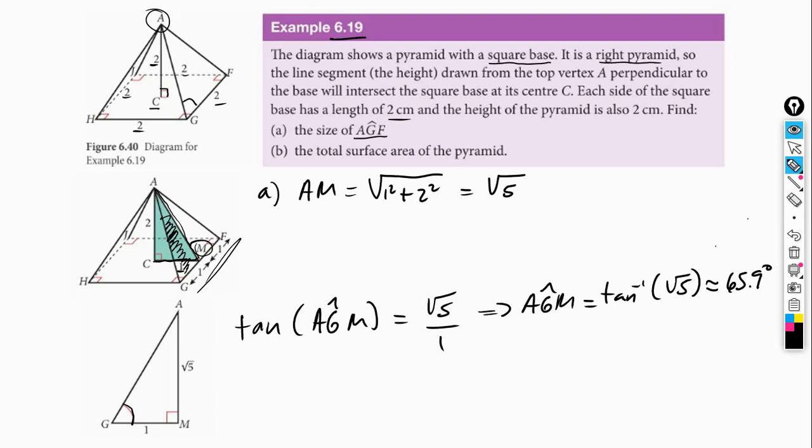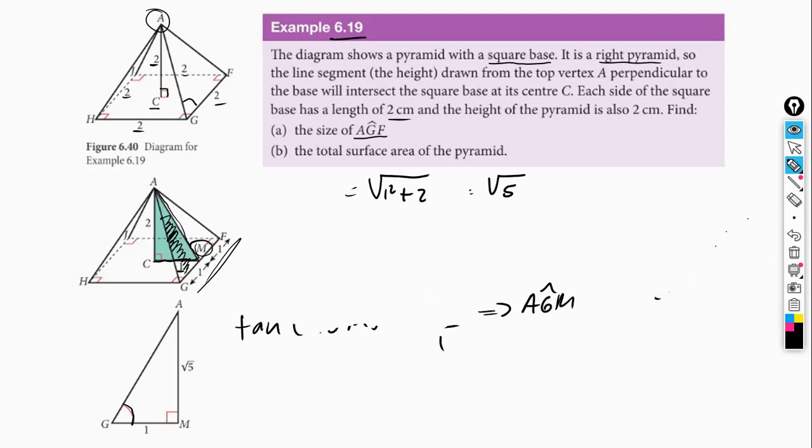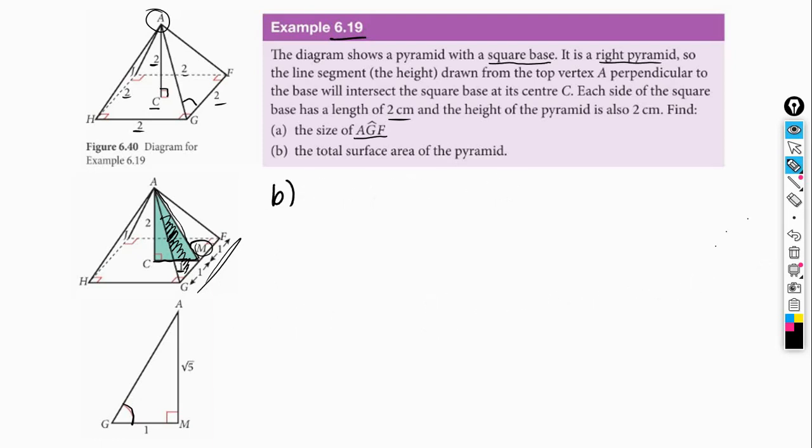So now let's erase a bit and focus on part B. For part B, they want us to find the total surface area of the pyramid. Now the pyramid is comprised of a square base and then 4 faces that are triangles, which are identical. So we need to find the area of triangle AGF.